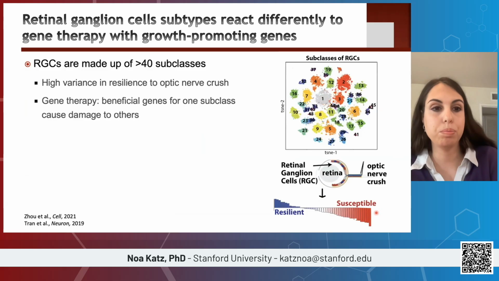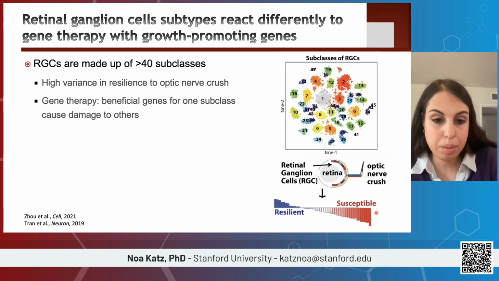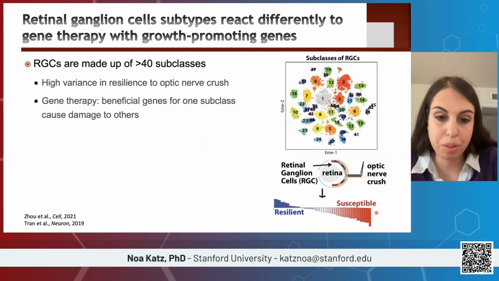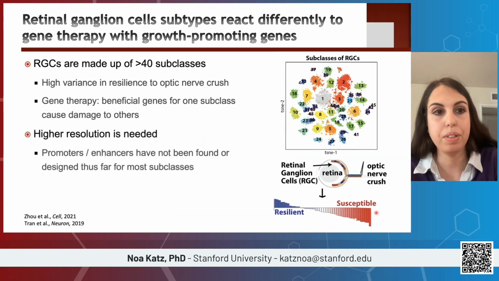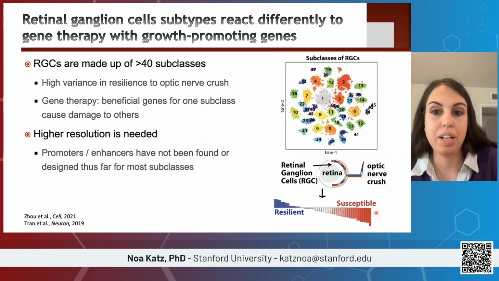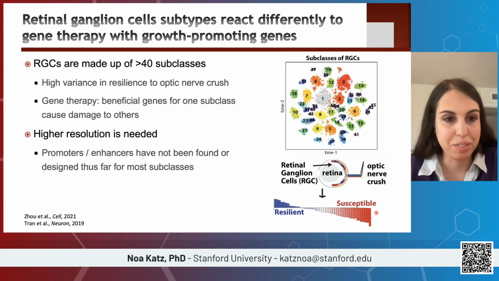And even more importantly, when we do gene therapy with growth-promoting genes, the same growth-promoting gene that can cause regeneration and repair in some of these subclasses might actually cause toxic effects and cell death in others. And so again, we need very high resolution to be able to really target these subclasses individually. And we have not seen promoters or enhancers that can really target these, or at least not when we started before the first session today.